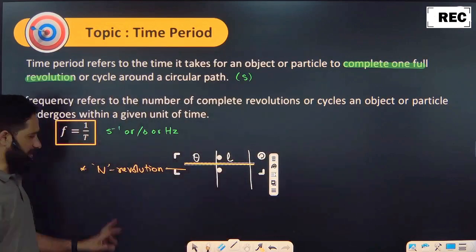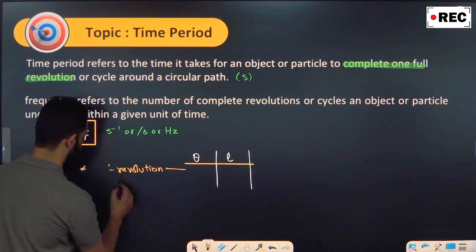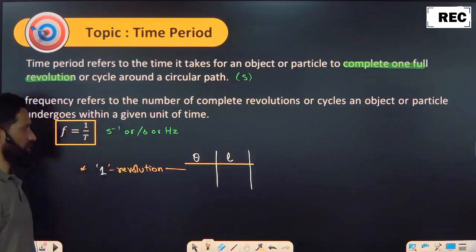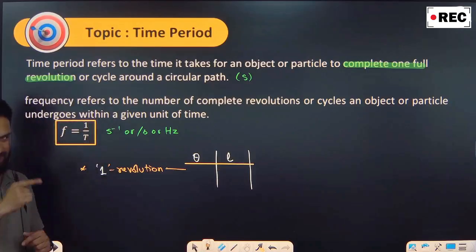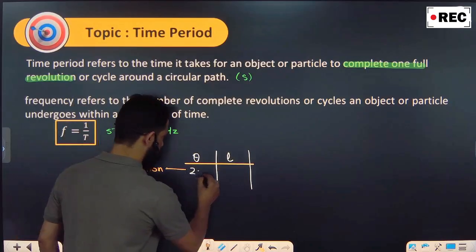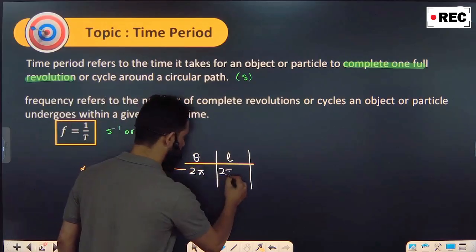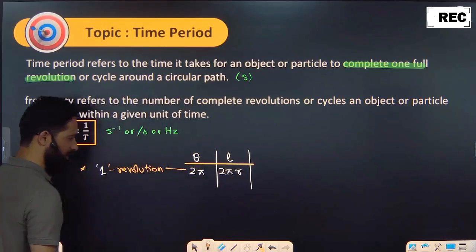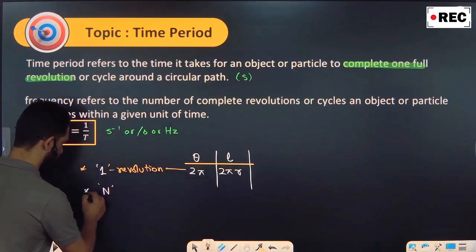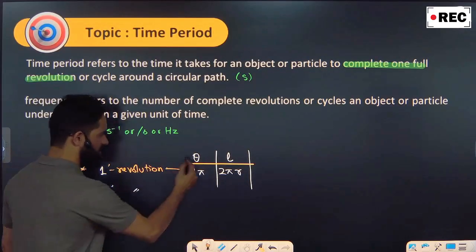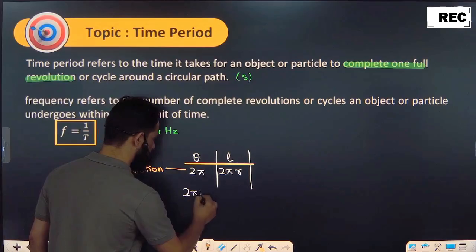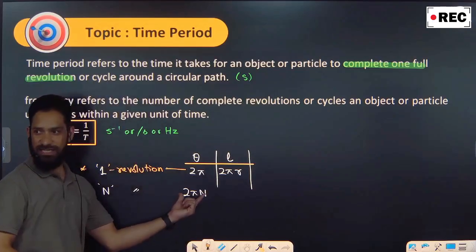Tell me for the first one revolution, what is happening? For the one revolution, angle subtended at the center is 2 pi. And how much is the length of the arc? 2 pi r, theta into r, correct? For n number of revolutions, how much is the angle subtended? 2 pi n. That means angular displacement is 2 pi n.